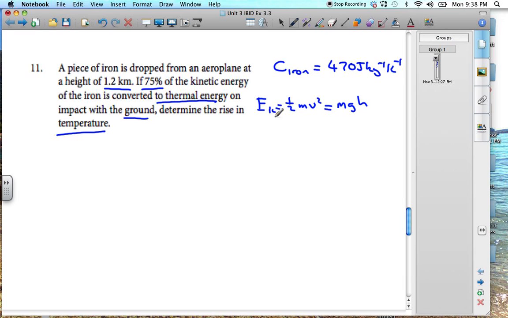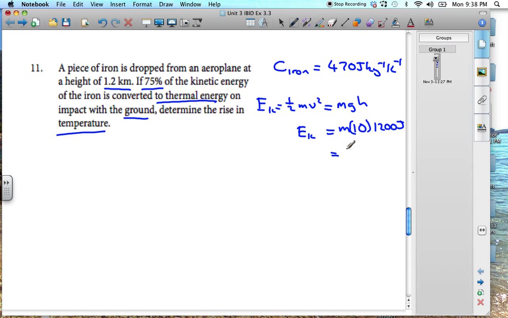So the kinetic energy is going to equal that, which is equal to the mgh. Now this is equal to mass. Let's use 10 for gravity, and our height is 1,200 meters. Put that into meters. So we're going to get our energy, kinetic energy is going to equal that joules.